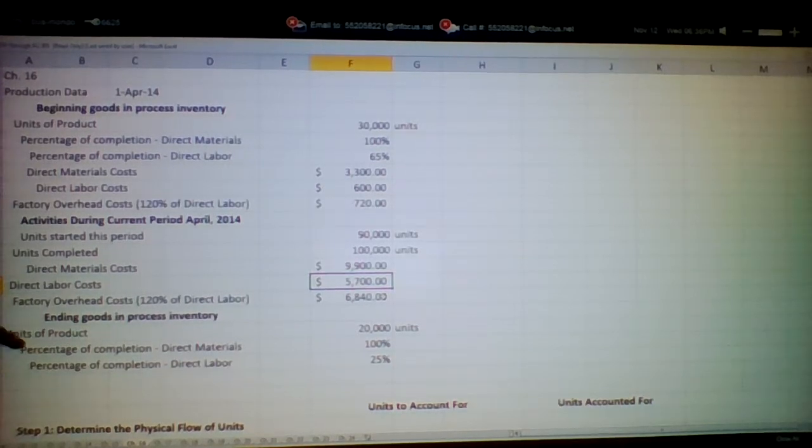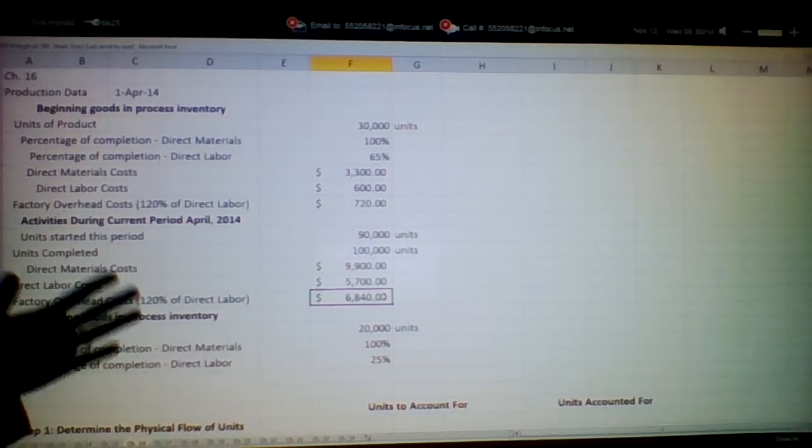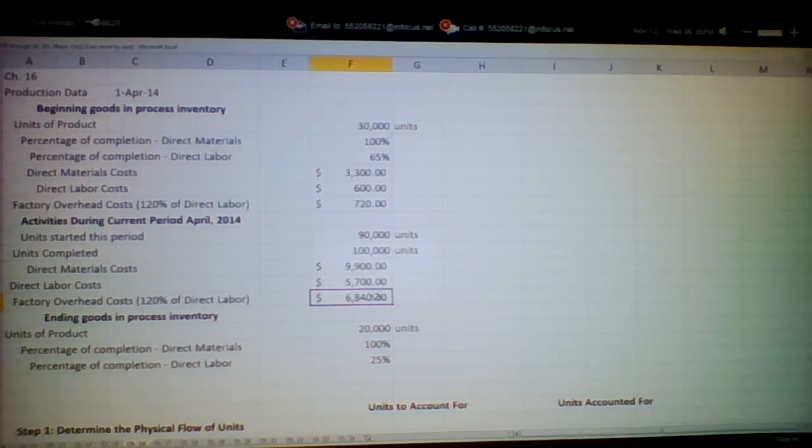Okay. Our factory overhead cost, again, 120% of direct labor, so $6,840. Our ending goods in process, we had 20,000 units left in our work in process account, of which 100% of the materials had been assigned to those units, and those units were 25% completed as far as labor, so assembling.